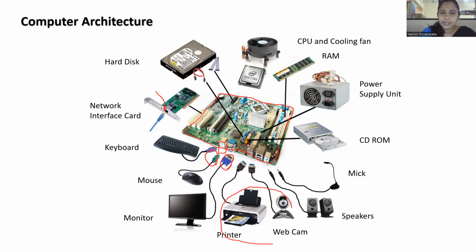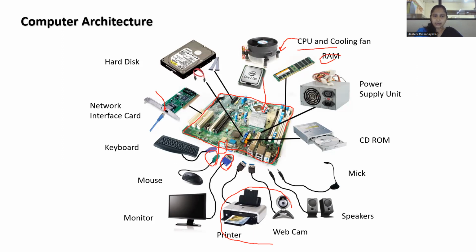And then processors should also be set into the motherboard, and we use a cooling fan to reduce the heat provided by the central processing unit, CPU, right? And then there is another module called RAM. There are RAM slots inside the motherboard.